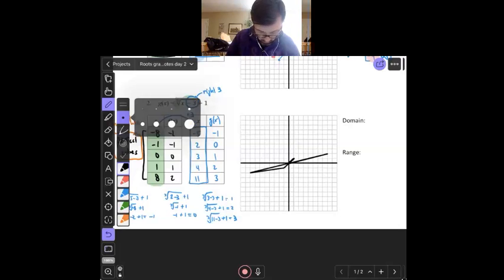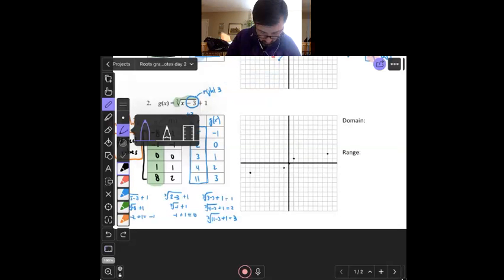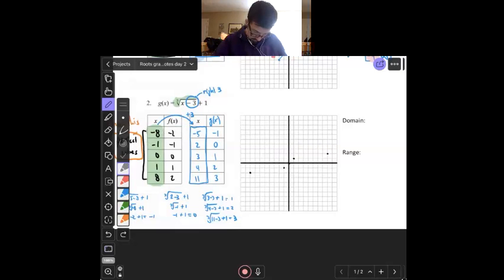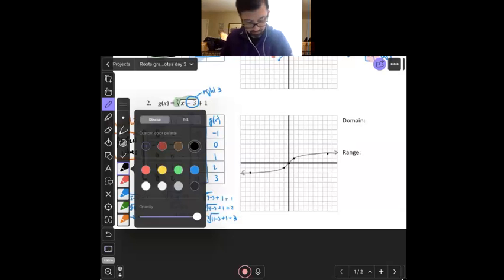I'm actually going to see if I can do this opacity thing so it won't be so dark. Make it a little bit more opaque. Ooh, that was good.